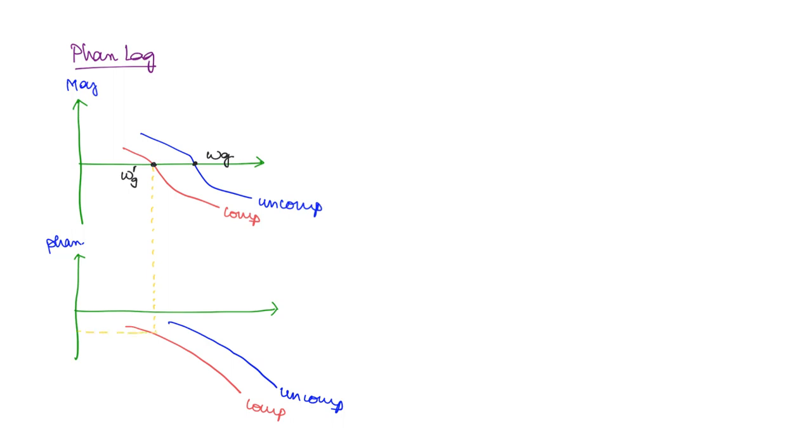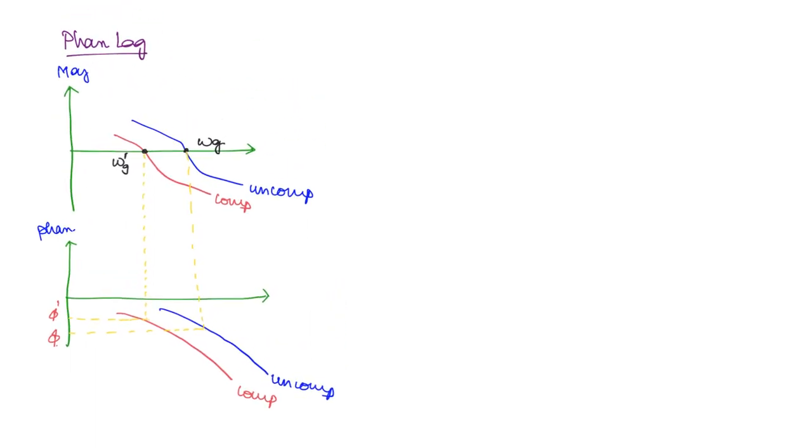So this is going to be for the compensated case, and similarly for the uncompensated case, this is going to be the phase. So you can take this as phi dash and this is phi. So you can see here that this is the desirable case. Why? Because phi dash is greater than phi. Stability is going to be increased.